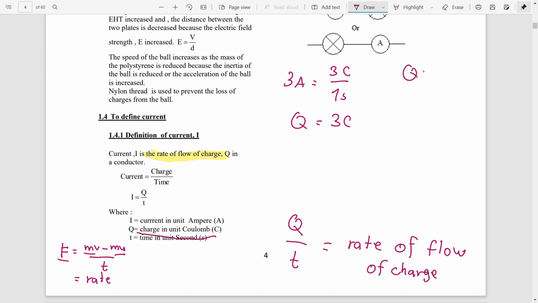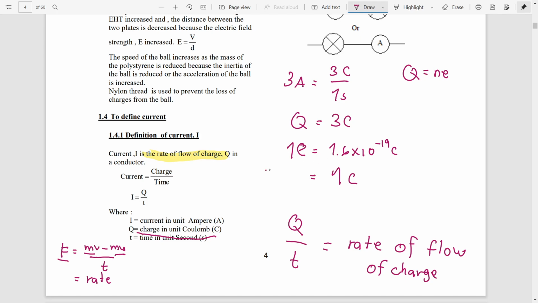Based on this equation, if you can really understand it, it just uses the ratio. So one electron carries 1.6 times 10 power negative 19 coulomb. So in 1 coulomb, how many electrons do we have?